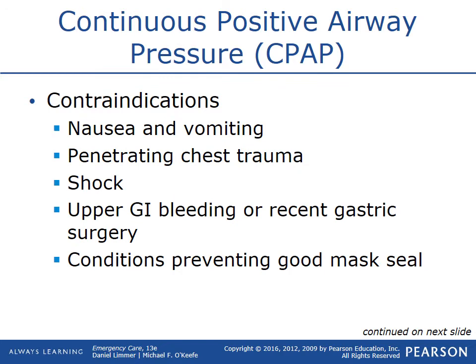Other contraindications include nausea and vomiting, penetrating chest trauma, shock, upper GI bleeding, recent gastric surgery, or conditions preventing a good mask seal. So with nausea and vomiting, you don't want to have vomit in the mouth and then shove that down into the lungs. Chest trauma, increasing that intrathoracic chest pressure, say with a popped lung, pneumothorax, those kinds of things.